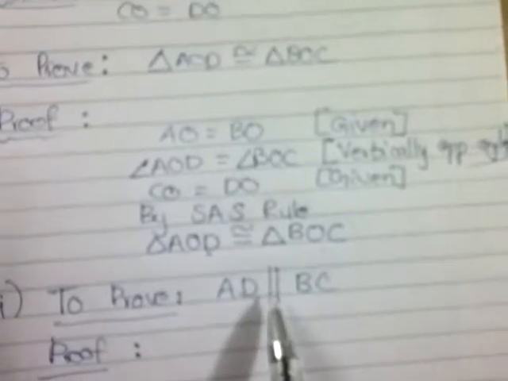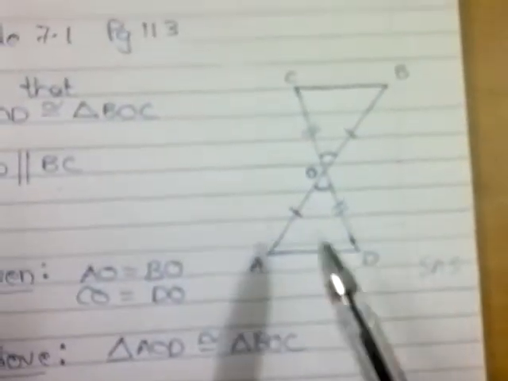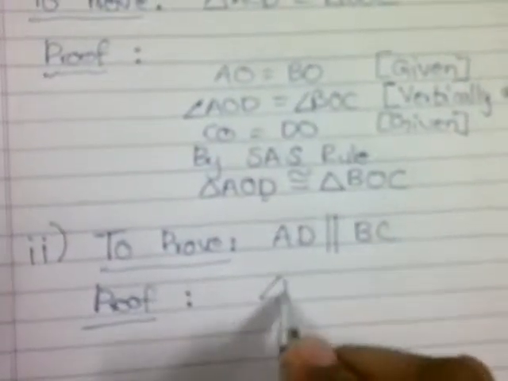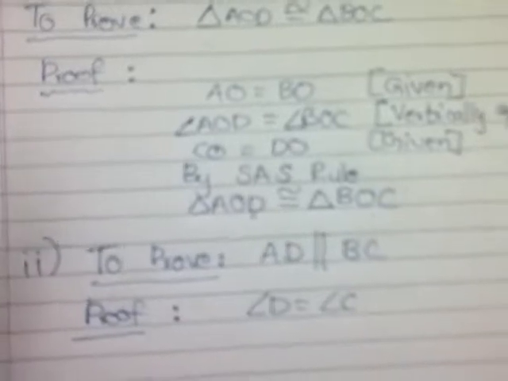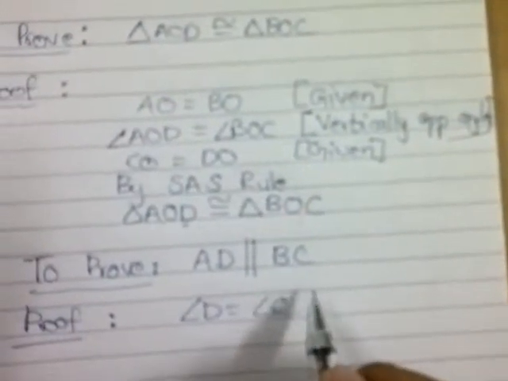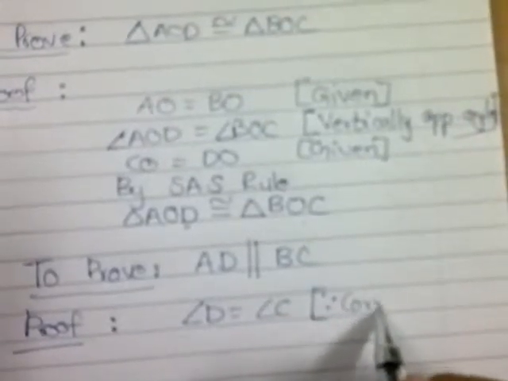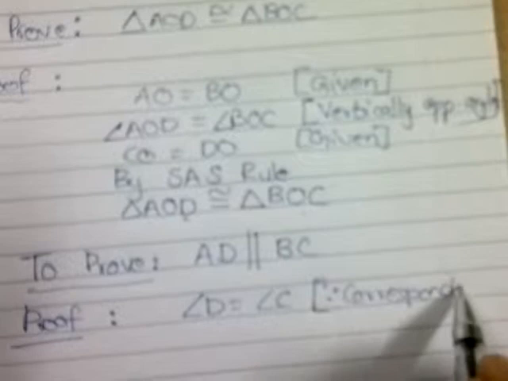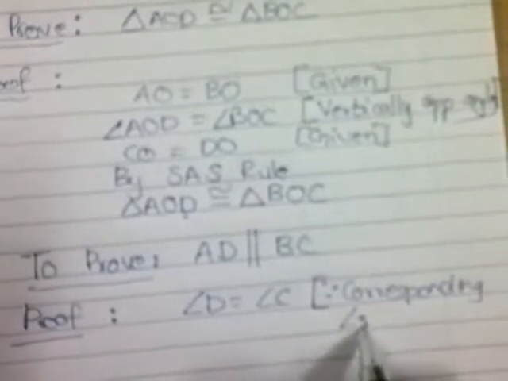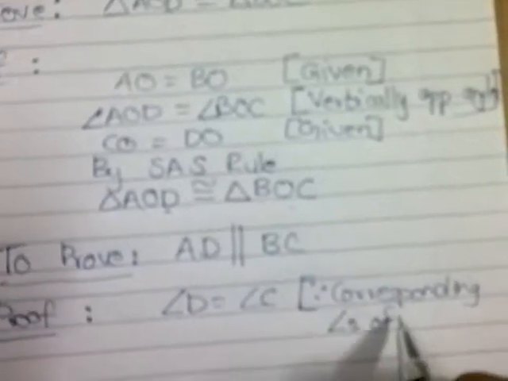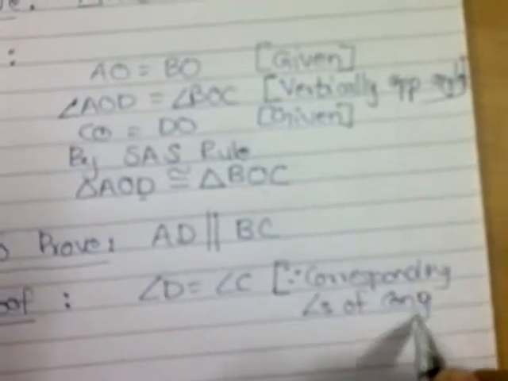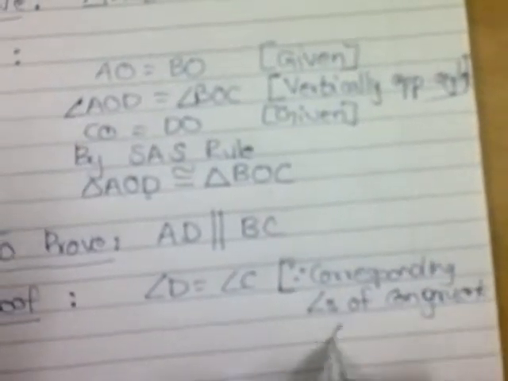In order to prove this, let us go back to the diagram. This is angle D and this is angle C. What I say is that angle D is equal to angle C. Now you cannot escape by saying that angle D is equal to angle C. You have to give the reason: because they are the corresponding angles of congruent triangles.